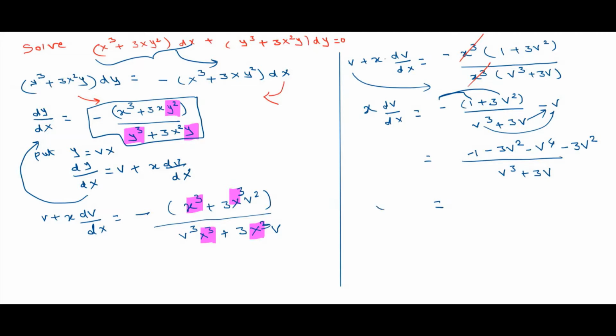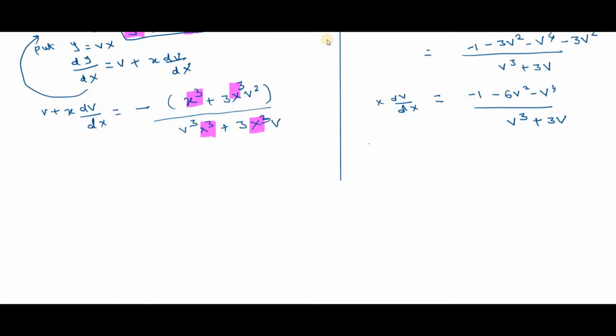x into dv divided by dx is equal to, now I will write minus 1 as it is, this minus 3v square and this minus 3v square, total it is minus 6v square, and the remaining term is minus v raised to 4, divided by v cube plus 3v.